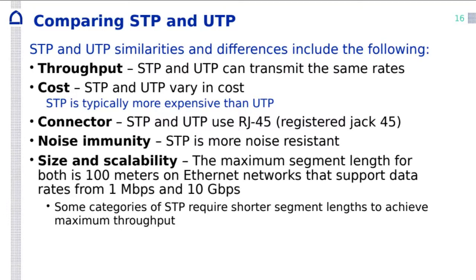STP is more noise resistant. Size and scalability. The maximum segment length for both is 100 meters, as I told you. Okay. If you need to go more, then you need to put a repeater. Some categories of STP require shorter segments even to achieve maximum throughput.